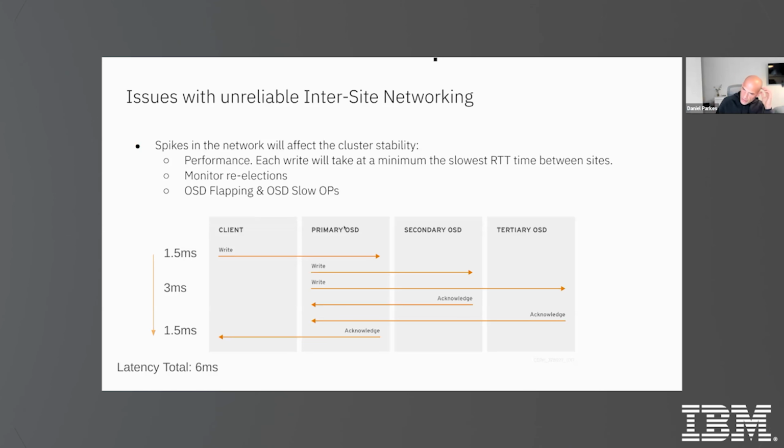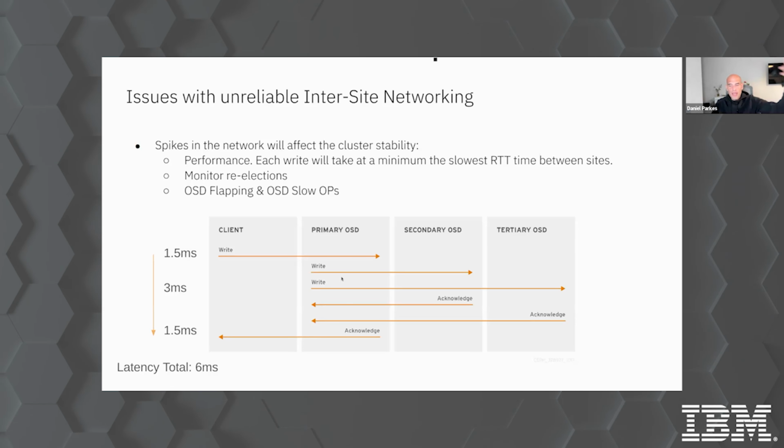And then the primary OSD is the one that is going to take care to copy the data to the other OSDs. So it still needs to make 2 more copies to the secondary and the tertiary OSDs. These writes happen in parallel, so we don't have to wait for one to finish to go to the other. If we have 3 copies, 4 copies, 5 copies, they all happen in parallel.